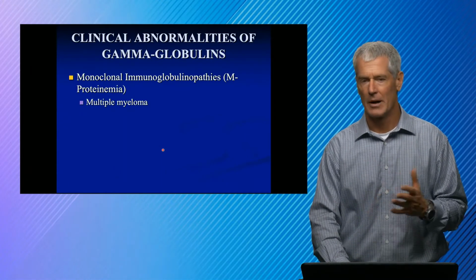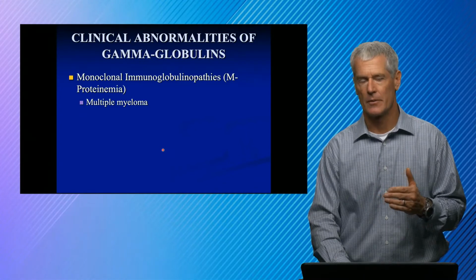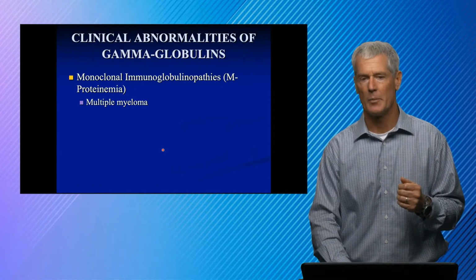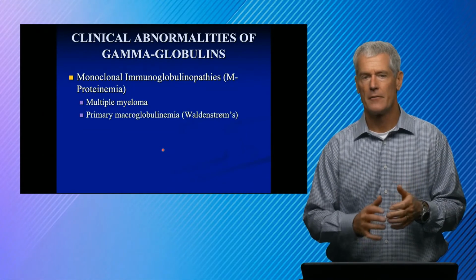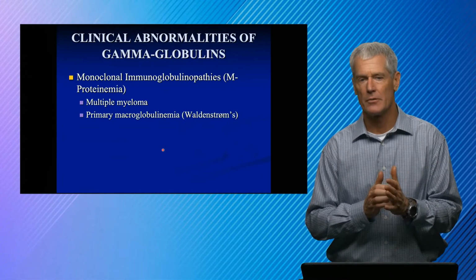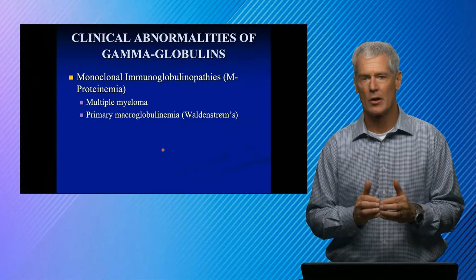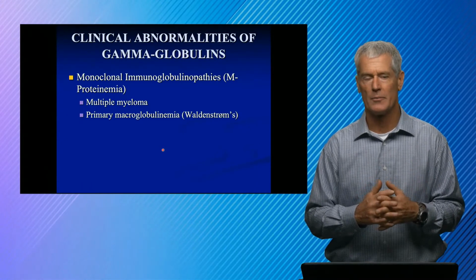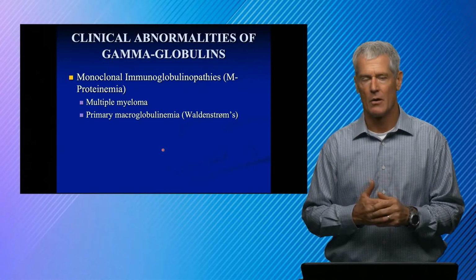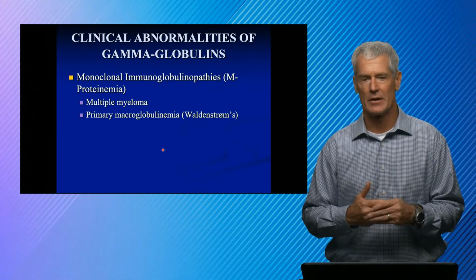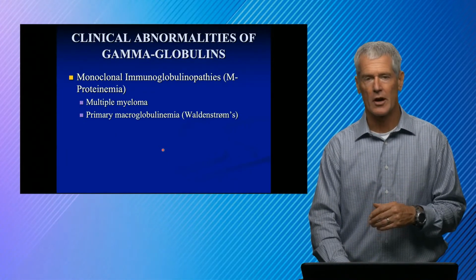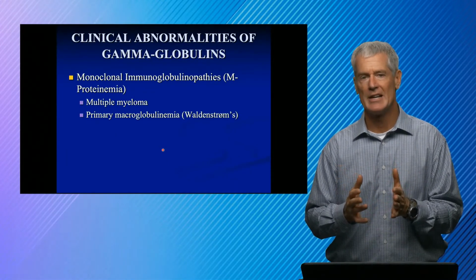So probably the most common, from a pathology perspective, would be multiple myeloma, followed by Waldenstrom's. And so the main differences there are multiple myeloma is a bone cancer, Waldenstrom's is a lymphoma. And so on bone biopsy, they're going to look very different. And Waldenstrom's is sort of restricted to the IgM class.